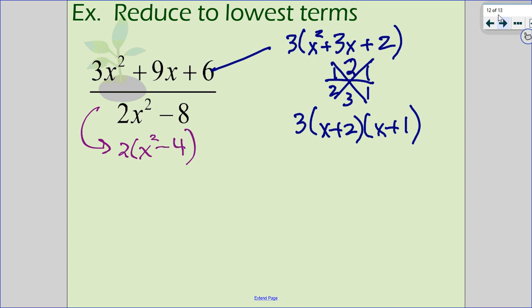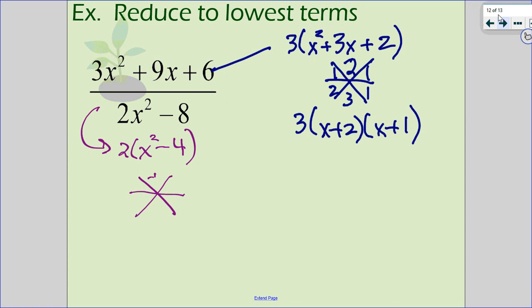Can we further factor the x squared minus 4? Let's think of snowflaking it. It is an x squared, so we can probably snowflake it. It'd be a 0. Yep, x squared plus 0x minus 4.